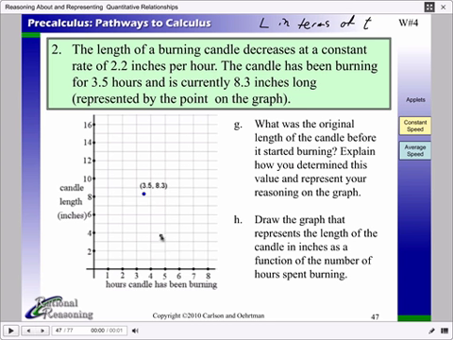We could start here and we could pick any time t. So use the process again to come up with L in terms of time. If we start at 3.5 hours, 8.3 inches, and we go to any time t, you derive the equation that's L in terms of t. See if you can do it.